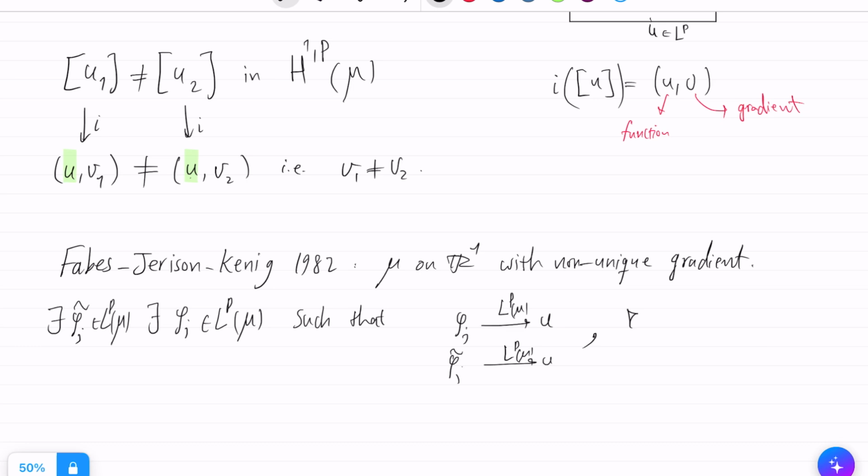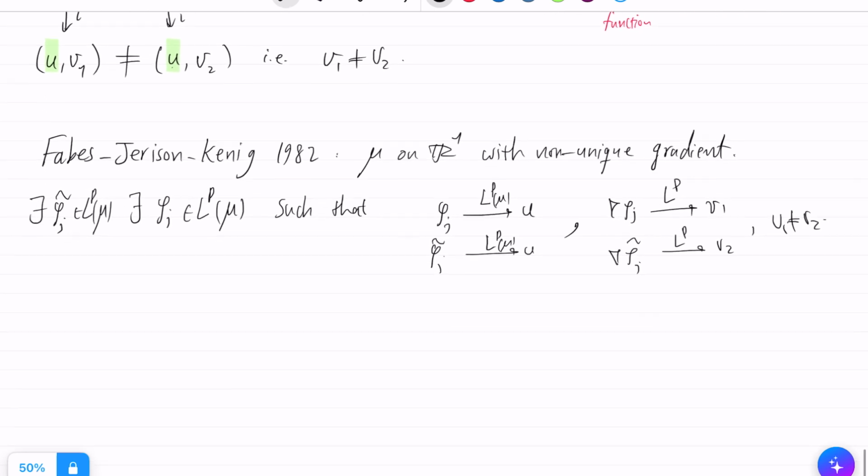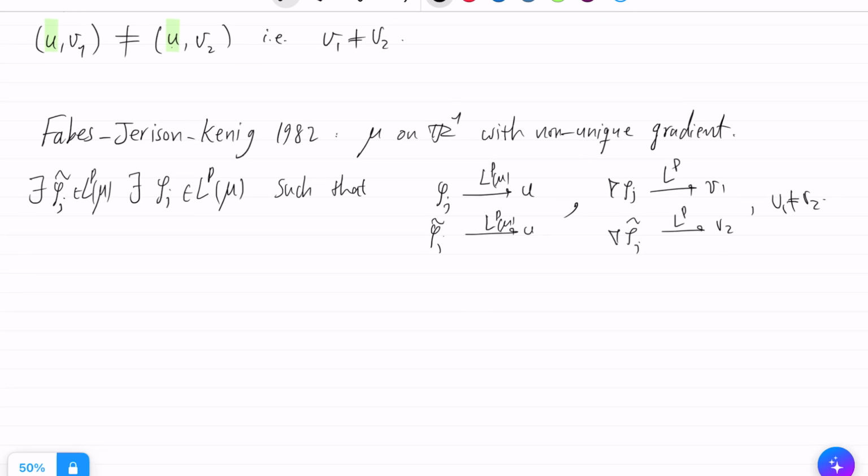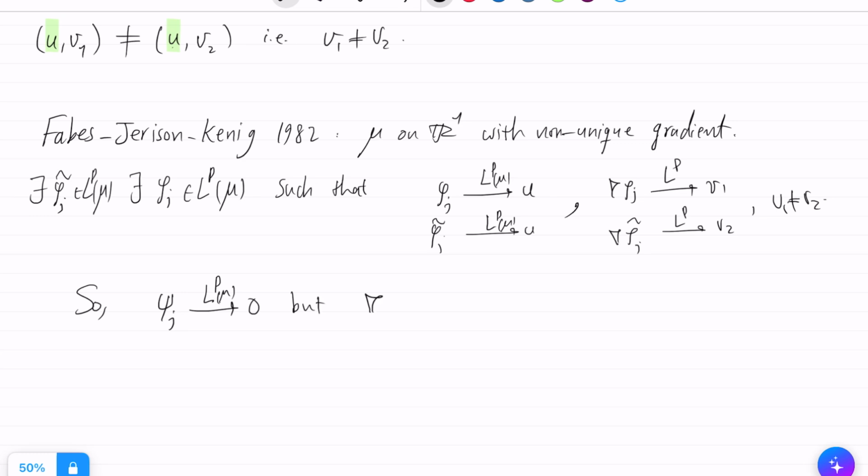But gradient phi j converges to v1, and gradient phi j tilde converges in LP to v2, and v1 is not v2. If you want to make it even simpler by subtracting, if you call phi j minus phi j tilde as psi j, that means psi j converges to 0 in LP, but gradient psi j converges in LP to some w which is not 0.